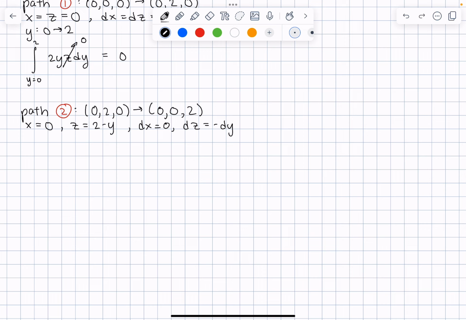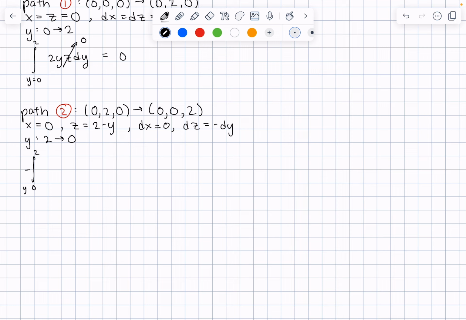So then, moving on, our y is going to go from 2 to 0. All right, so now for our integral, we'll have our y go from 2 to 0, but I'm actually just going to rewrite this as from 0 to 2 and just put a negative in the front, and that will just take care of that.